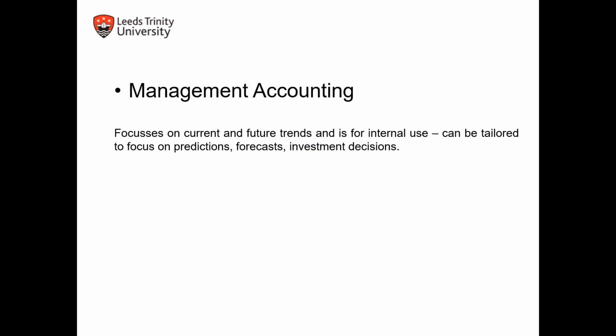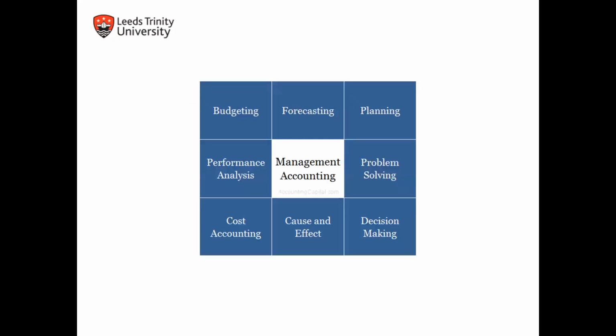And what is management accounting? Management accounting focuses on the current and future, and it doesn't have anything to do with historical data. Mainly they use those statements and provide that information for internal users. They do planning, forecasting, cost accounting, decision-making, budgeting.